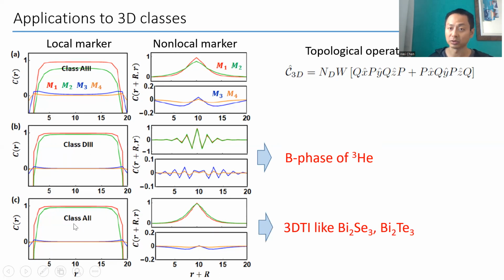Class A2 is also of particular importance because it describes real topological materials like bismuth selenide or bismuth telluride and so on. Here, I want to show you that this single formula can really be applied to all the topological materials to calculate the topological invariant directly on a lattice Hamiltonian.